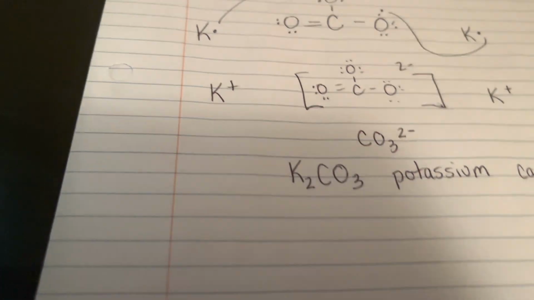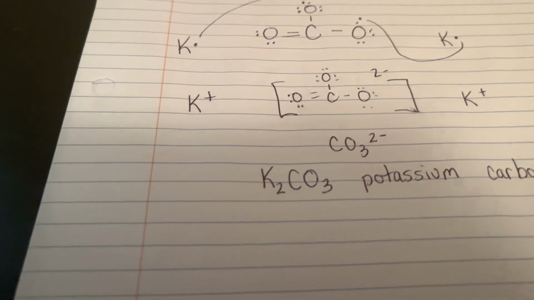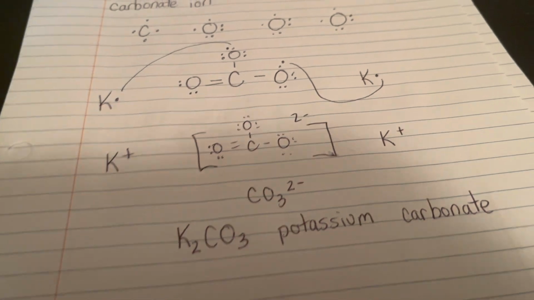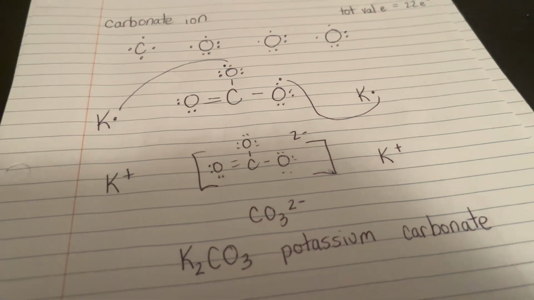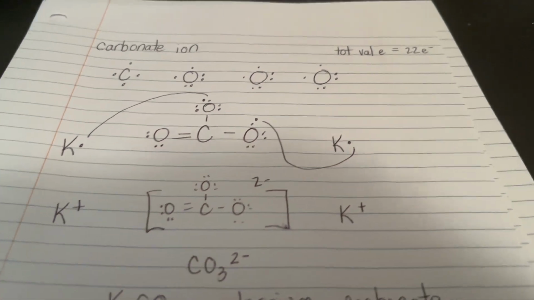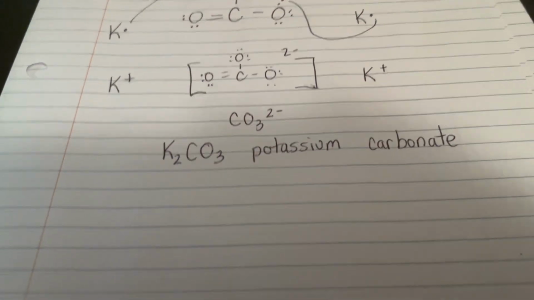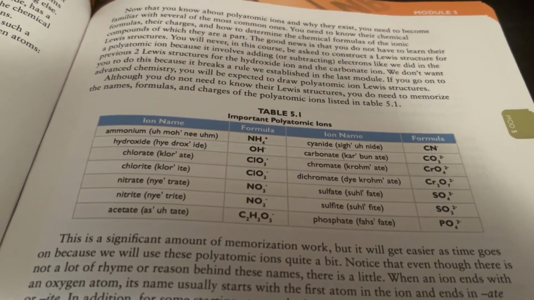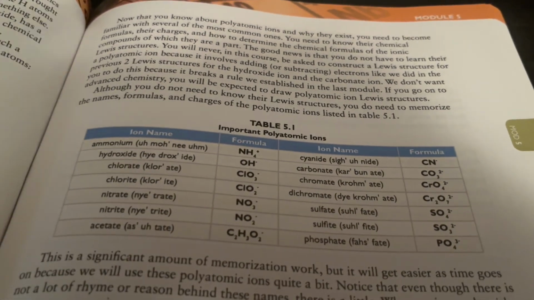Okay, so there are some common polyatomic ions that you need to know. You're going to need to know the names, the molecular formulas, and the overall charges of them, and they are located on page 155, table 5.1, right there.